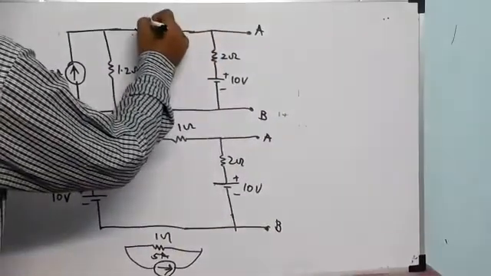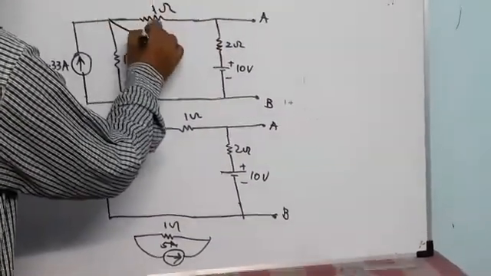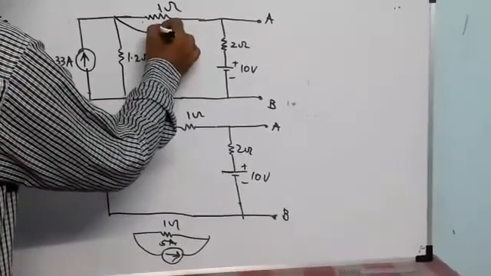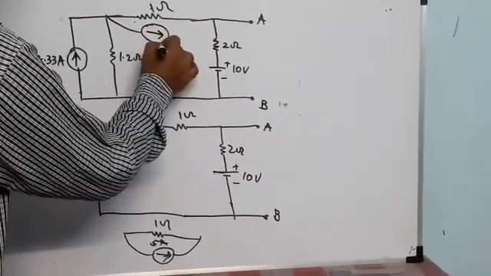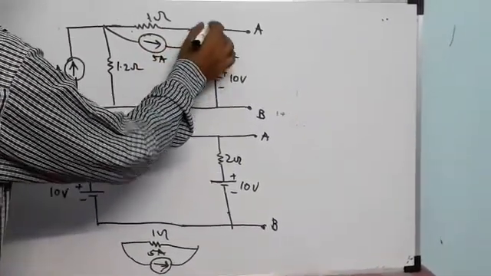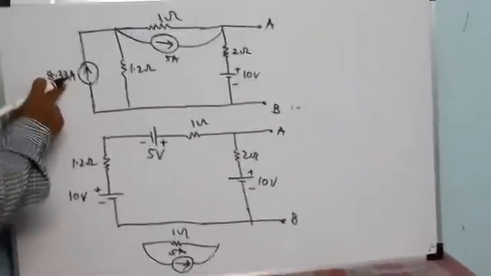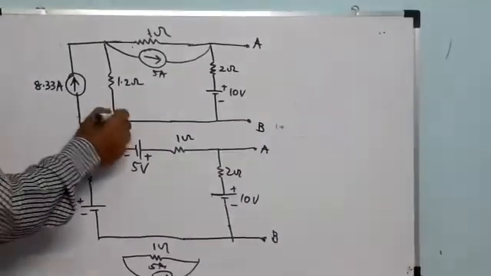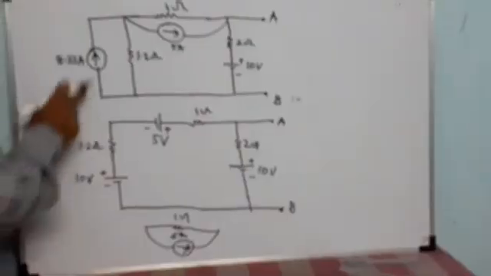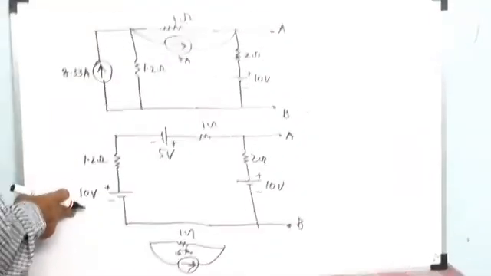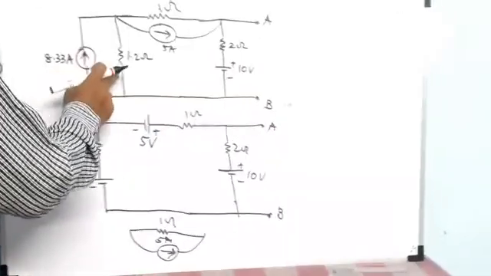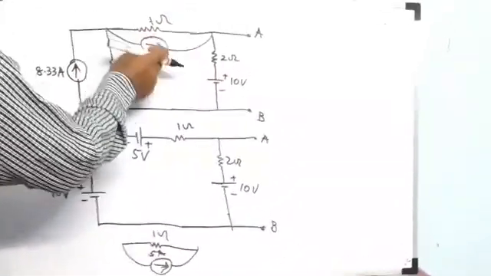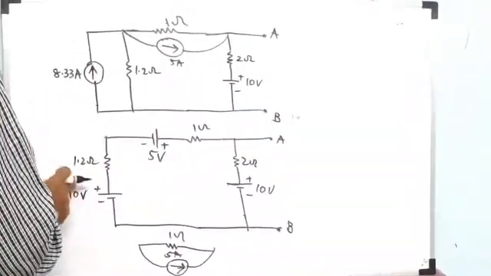This is 1 ohm and here is the current source. So this is 8.33 ampere and this is 1.2 ohms. Now again I want to change into a voltage source. Here a voltage source is there, here also we can change it to a voltage source.